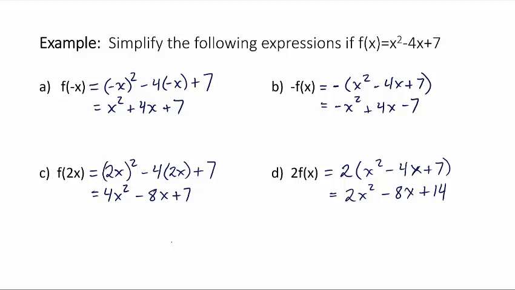So the negative inside reflects it across the y-axis, the negative on the outside reflects it in the x-axis. The 2 on the inside of the function will be a horizontal shrinkage, whereas the 2 on the outside will be a vertical stretch. So later on as you study mathematics, we'll be learning about these things and some of the application that goes along with it. But for right now, we're just concentrating on the algebra of it. Okay, great.